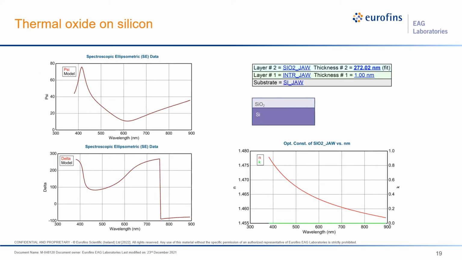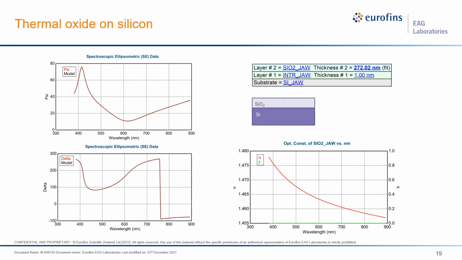In this example, we have a thin layer of thermal oxide on a silicon substrate. You can see the measured psi and delta on the left-hand side of the slide. The model we have used to fit the data is shown in the upper left-hand corner. You can see that we have introduced a thin layer of 1 nanometer thickness between the oxide and the silicon to obtain a better fit.